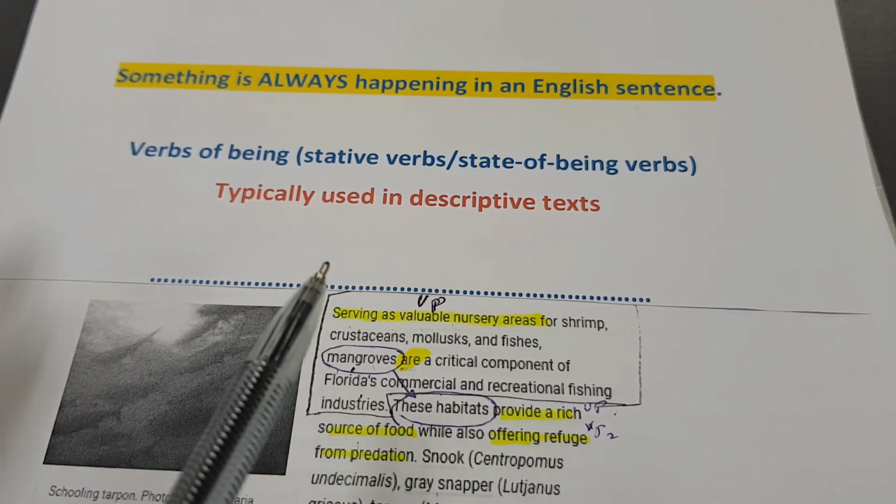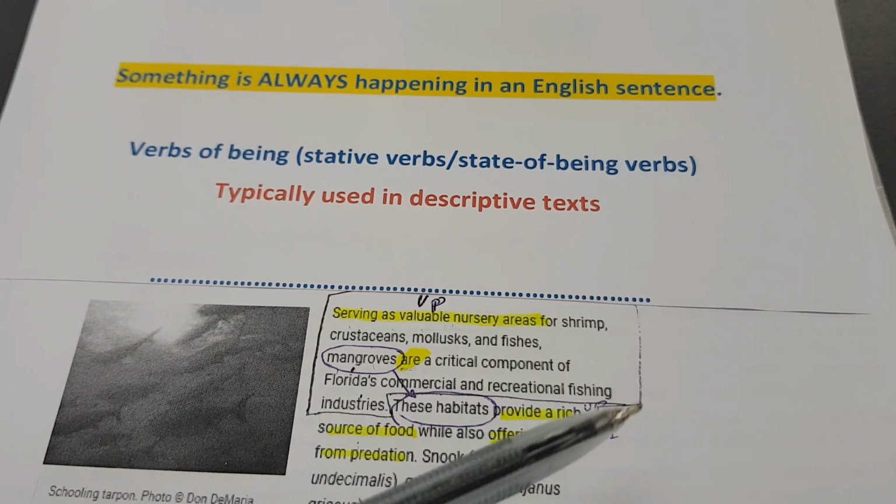Because you're using the verb to be, which usually tells you about the nature of something, you say the mangrove is a critical component, or mangroves are a critical component. That tells you the nature of the thing.